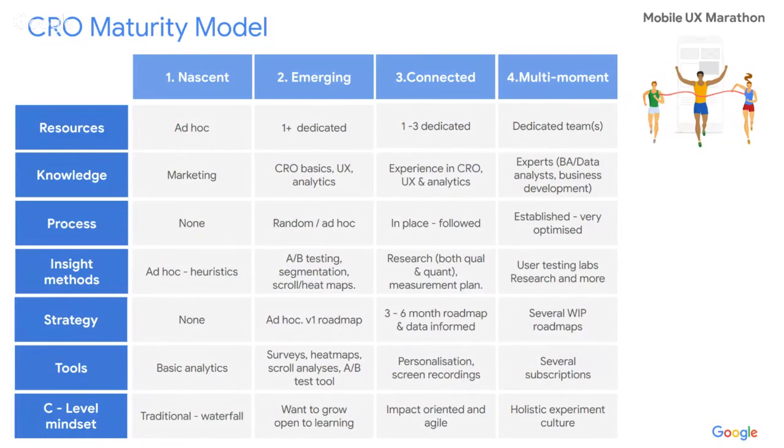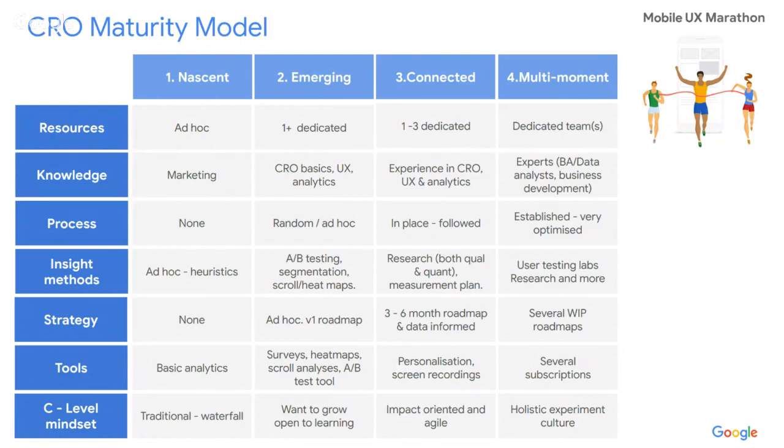Nascent, which is at the early stages, emerging, which is a little bit further, then connected, which is pretty far, and multi-moment, right? Multi-moment would be the organizations that are really advanced in terms of how they use data. The latest research I've seen is that it's only a few % of businesses out there, whereas the vast majority sits in 2 and 3.